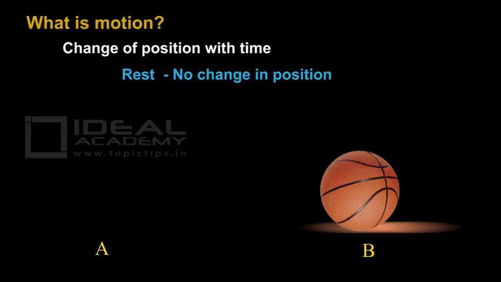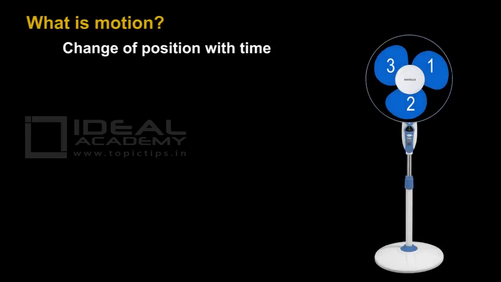Let us look at some examples. We all have seen the blades of a fan. Have you? Right. Now they are not in motion. They are at rest. And we can see that these are the positions of the blades, say A, B and C. Here A is the position of blade 1, B is the position of blade 2 and C is the position of blade 3.